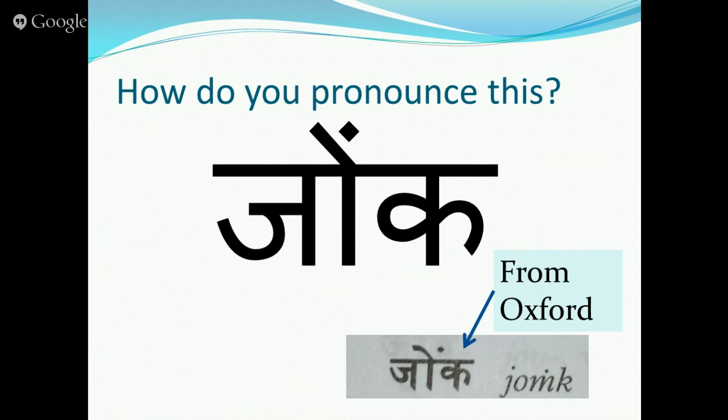This is Oxford English. And we know that the M with the dot over it means that the O preceding it has to be a nasalized vowel. And so this is pronounced, you say it first, jonk, jonk.